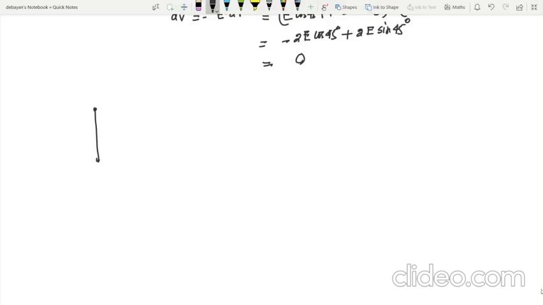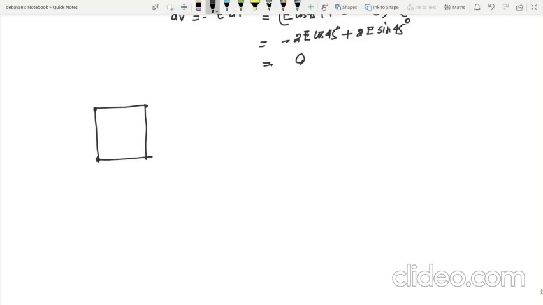Say this is Q, this is Q, this is Q, and this is Q. Say this point is C, this point is B. So these four identical charges Q are placed.